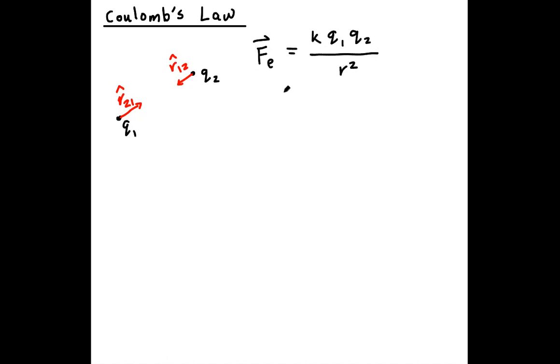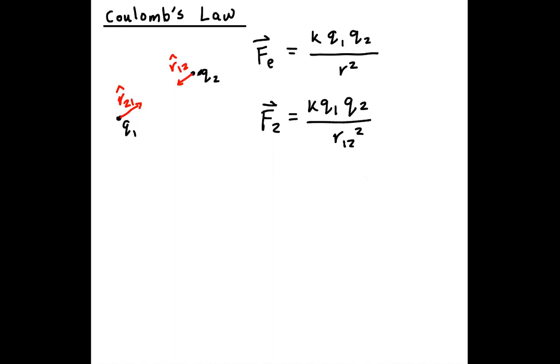If we plug in the values in this case, to find the force on charge 2 as a result of charge 1, F2 is equal to K times Q1 times Q2 over R12, which is the distance from charge 1 to charge 2, squared, times the direction that this force is pointing in.